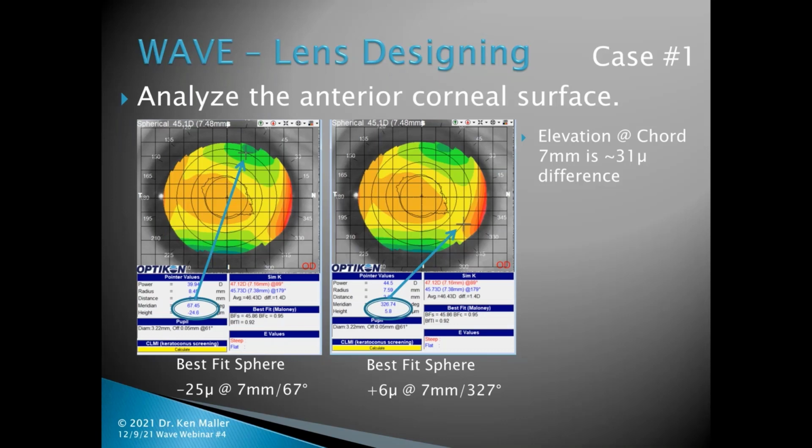Now, in general, when you're thinking about putting on a lens, and we're dealing with both elevated areas and depressed areas, 30 microns is kind of a magic number to start thinking about: do I need a toric surface on the back of the lens to stabilize it properly?